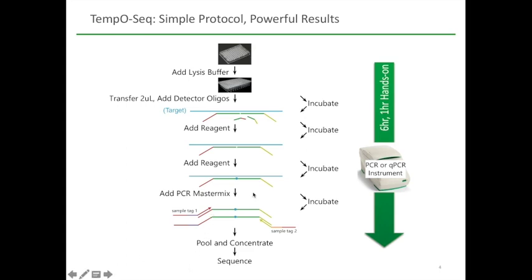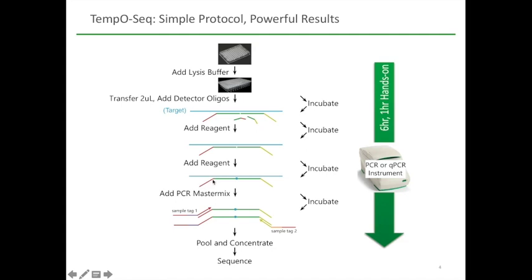At the end of these steps, you have a ligated molecule that is essentially barcoded in this green line, indicating the gene target that the detector oligos were designed against. The number of molecules of this barcode that are present in the assay product are in direct proportion to the number of molecules that were present for that target in the input material.